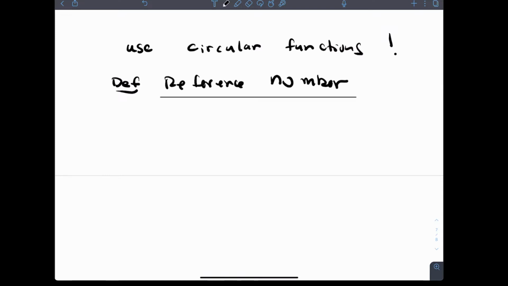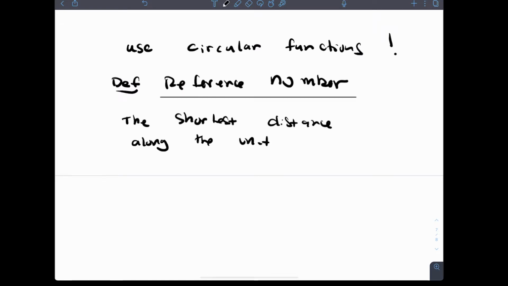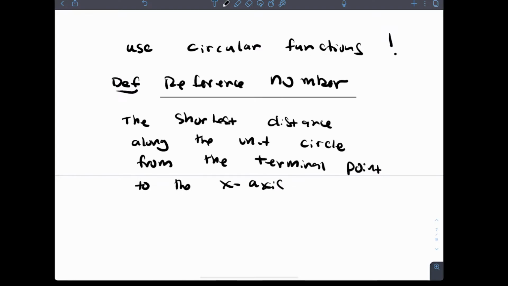Okay? So the reference number is defined to be the shortest distance along the unit circle from the terminal point, endpoint, to the x-axis.